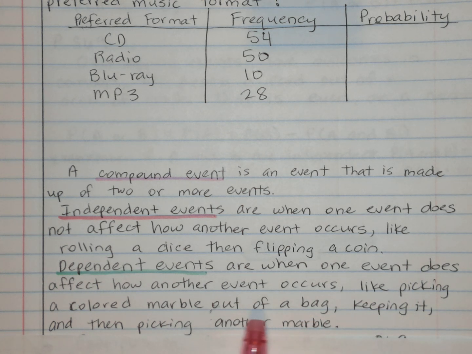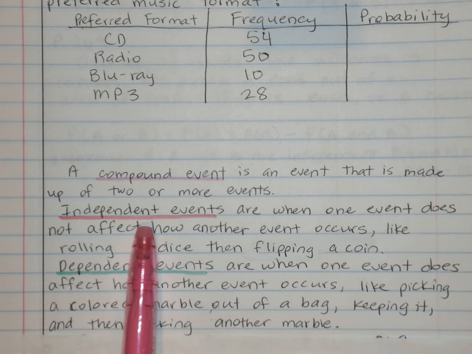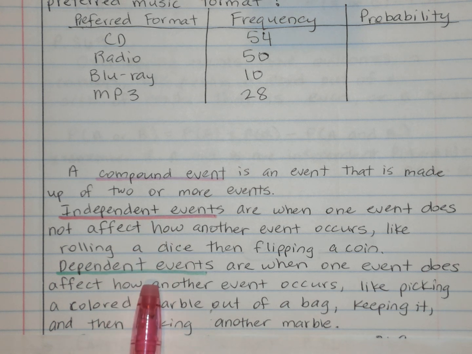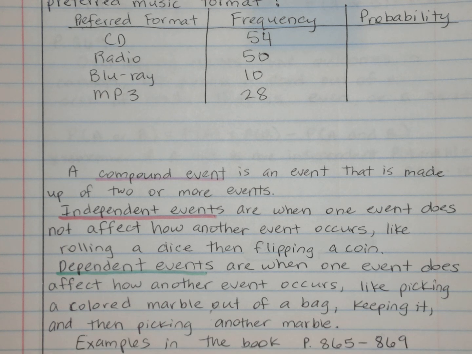So if there were 10 marbles, then you keep one, now there's only 9 marbles. So that would affect when you then pick another marble. If you picked one and then put it back in the bag and then picked another one, that wouldn't have an effect. That would be independent. But a dependent event means that one thing happens and then that does have an impact on the next event occurring. You'll understand it more when we get into some examples.